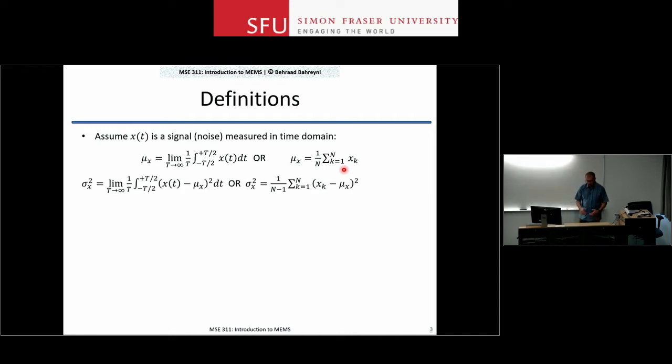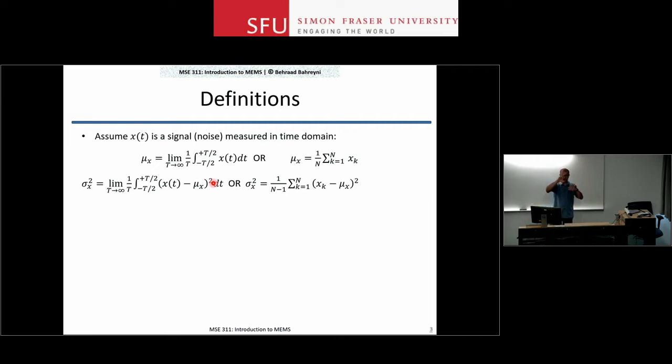The variance of the signal is found from this expression. Again, we have seen these in statistics before, where I take this momentary value of x of t, subtract mu x from it, and square it so that I do not cancel the signals that are beyond the mean and the signals that are below the mean.